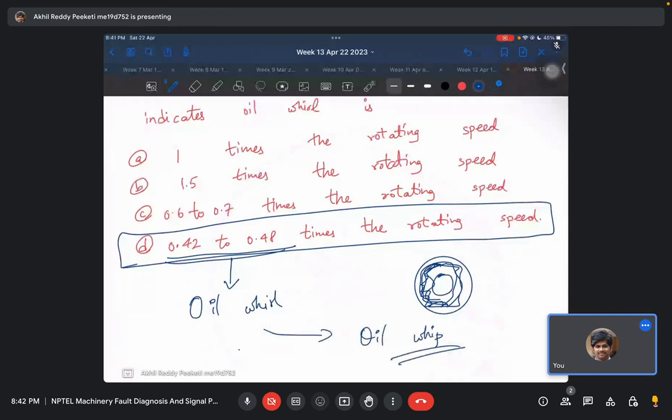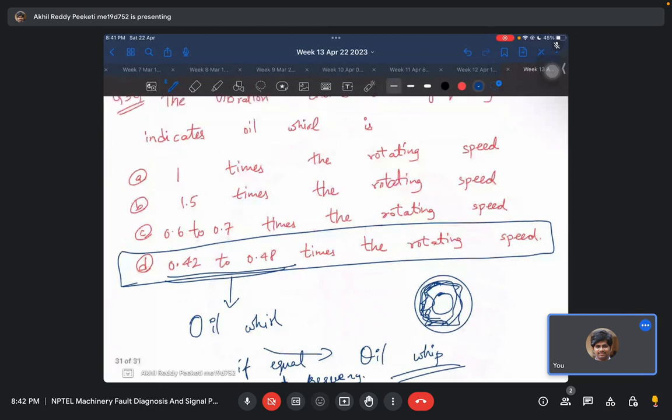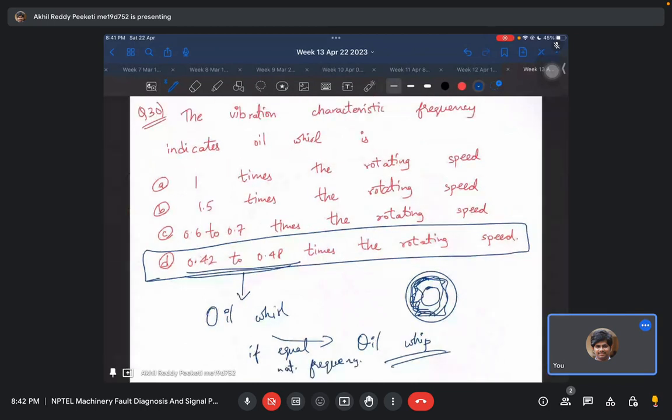So we should be careful while doing the design. 0.42 to 0.48 times the rotational speed. Okay, let's move to the next question.